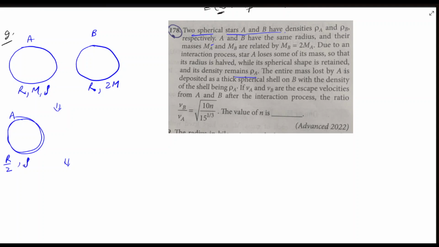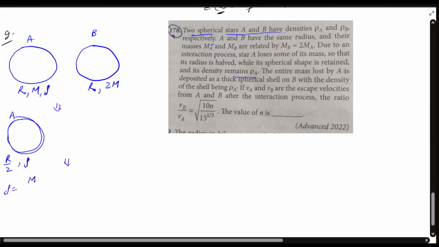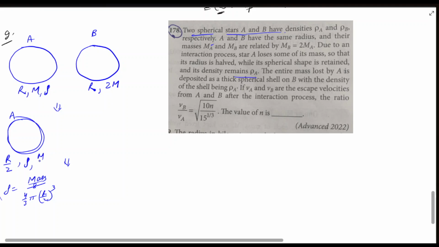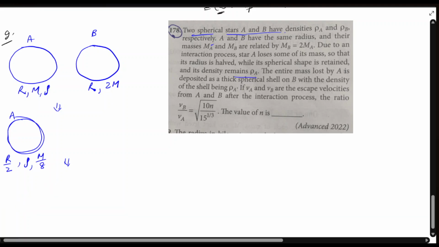So the density is the same, and density is mass upon volume, so it will be 4 by 3 pi (r by 2) whole cube. If density is the same, the mass should be 1 by 8 times, right? So its new mass will be M by 8. Then the 2 factor will get cancelled and we'll have the same. I'm just directly writing it like this. We can solve it, of course, but I'm just directly writing it up.